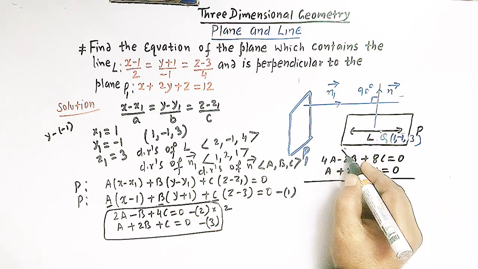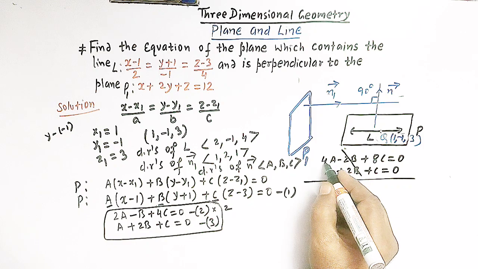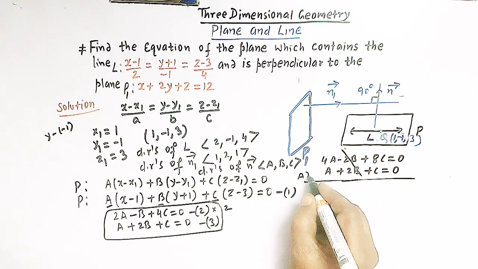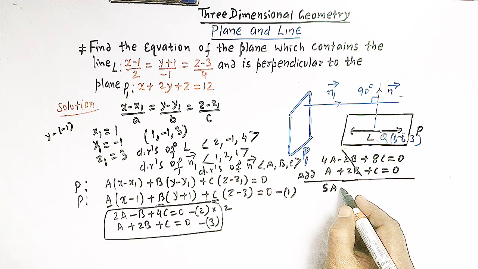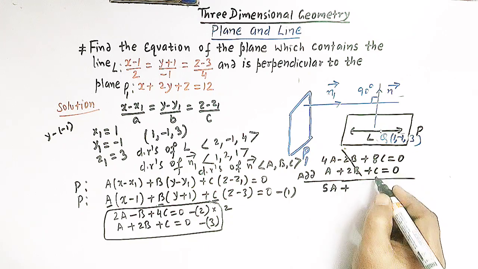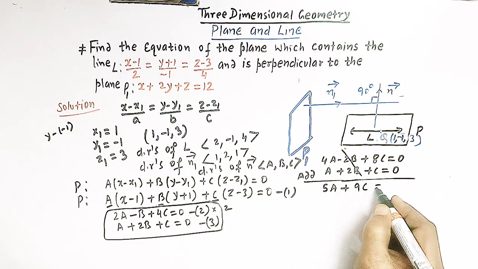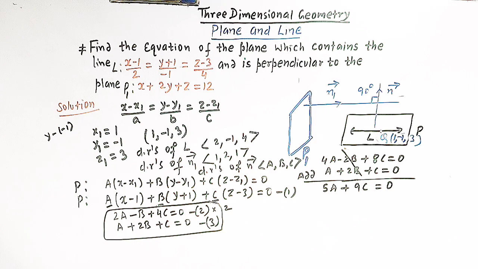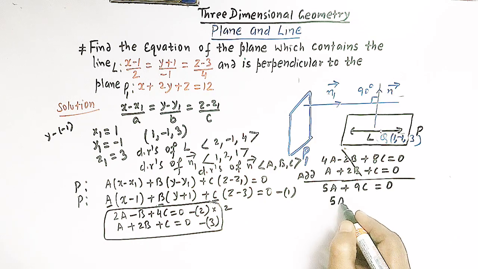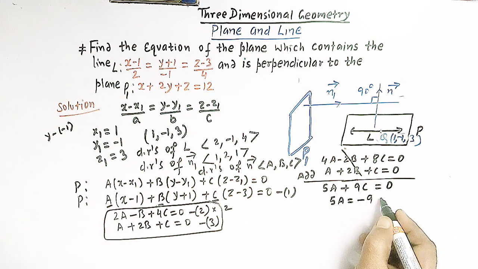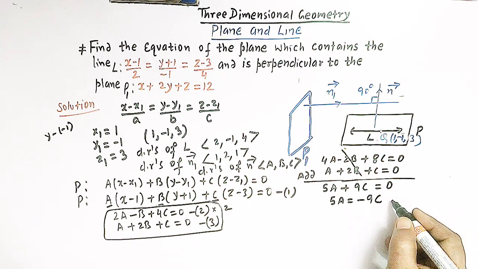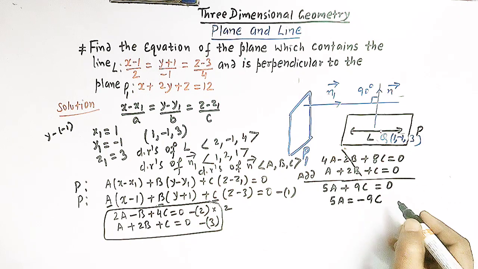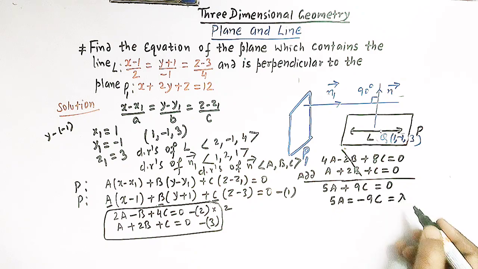So these two quantities get cancelled. 4A plus A is equal to 5A, and here we have 8C plus C is 9C, and this is equal to 0, right? So now we can write 5A is equal to minus 9C, right? And let us introduce a scalar or a real number, say lambda.